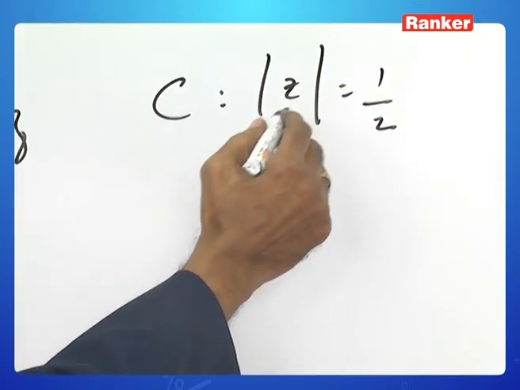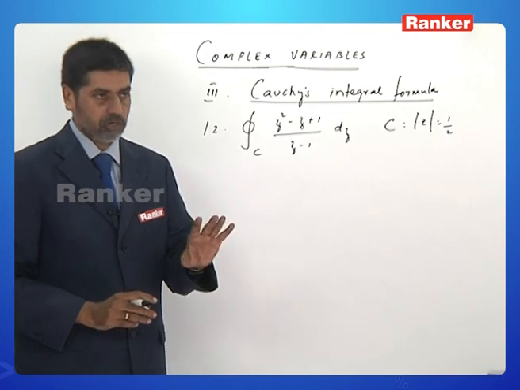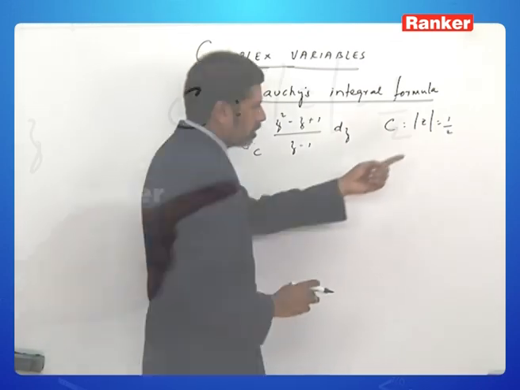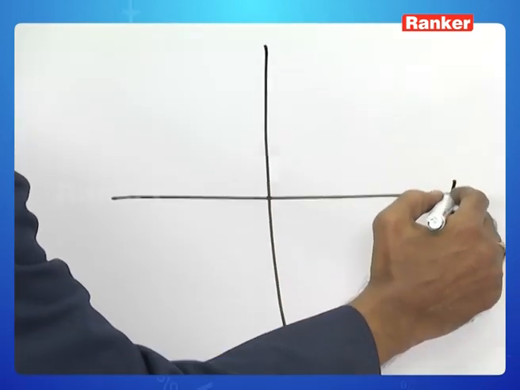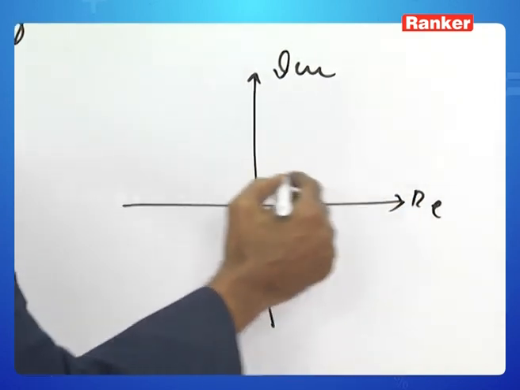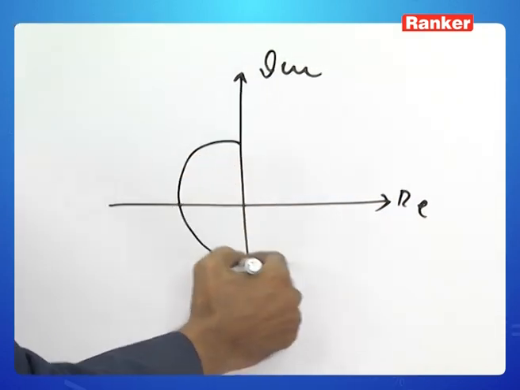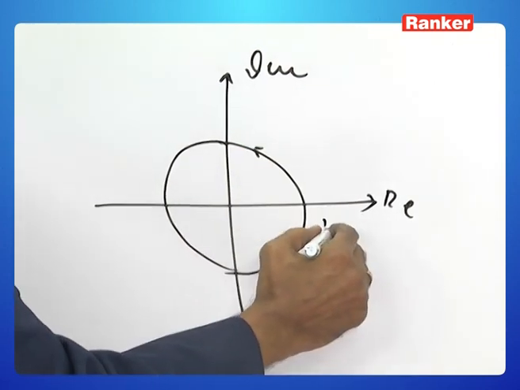You must know that mod z is equal to r always represents circles with center at the origin and radius r. So, we have a circle here, centered at the origin and of radius half.